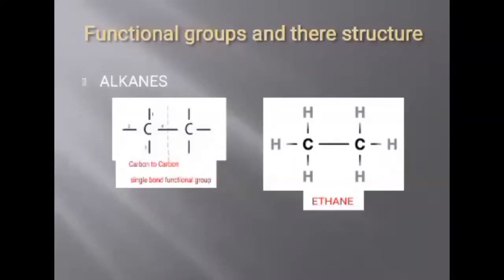When you see carbon to carbon single bond, that automatically tells you that this compound belongs to a family of group we call alkane. And for them to belong to alkane, that functional group has already given you an insight of the kind of reaction this compound should undergo.